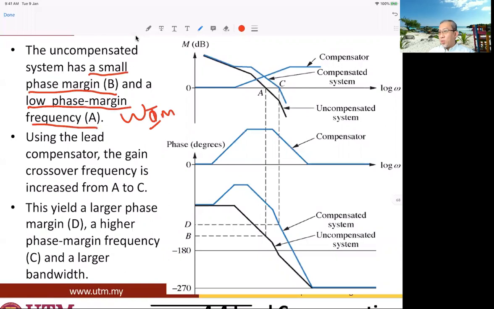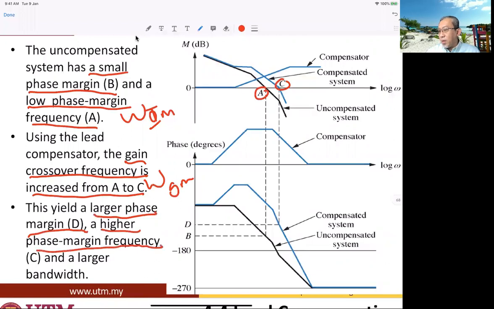By using a lead compensator, the gain crossover frequency is increased from A to C. So we shift the magnitude curve up a little bit. The impact is a larger phase margin, a higher phase margin frequency, C, and a larger bandwidth.